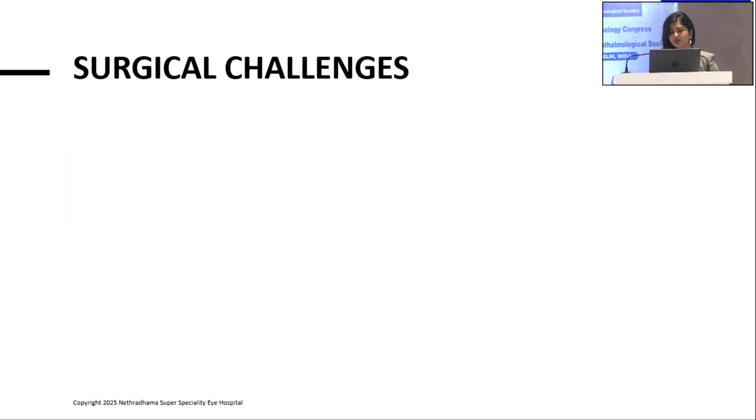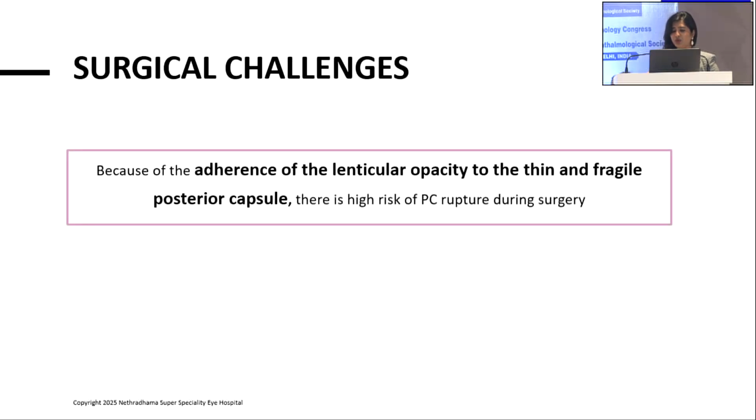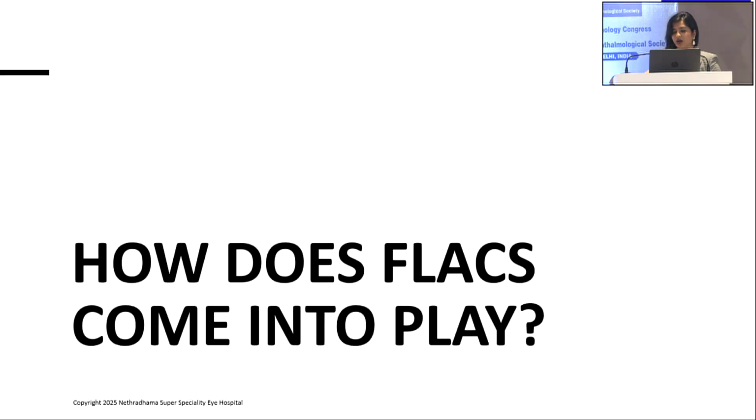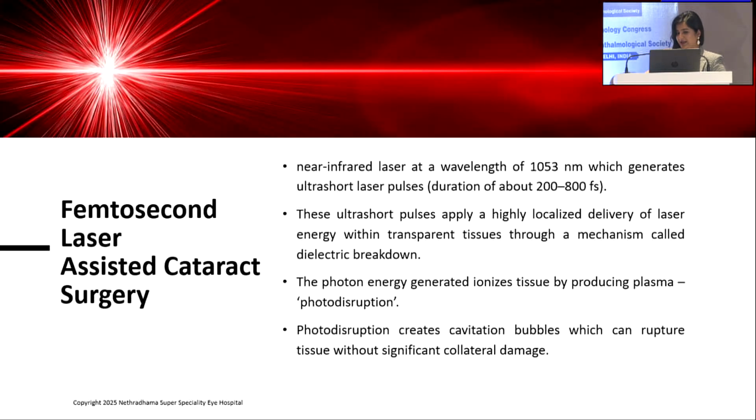Now, the surgical challenges, as we know, are the adherence of lenticular opacity to the thin and fragile posterior capsule, high risk of PCR during the surgery, hydrodissection is always avoided, and nuclear rotation is contraindicated. So all these things make surgery very, very challenging, and these patients are often young patients who want spectacle independence. So how do you deal with these patients, and how does FLACS come into play?